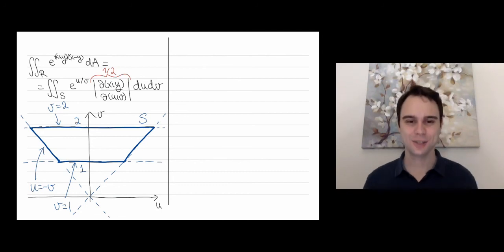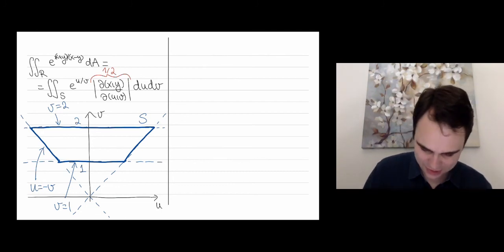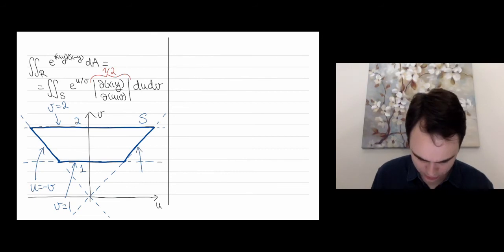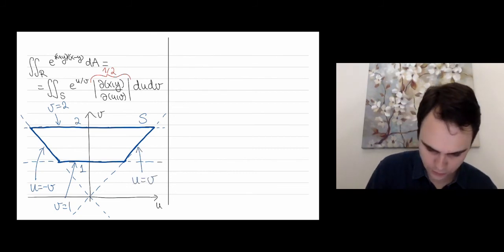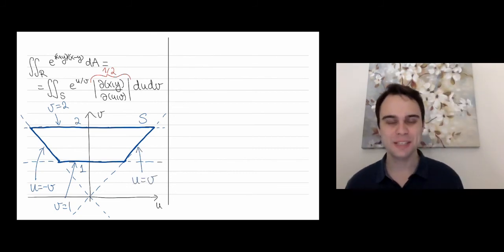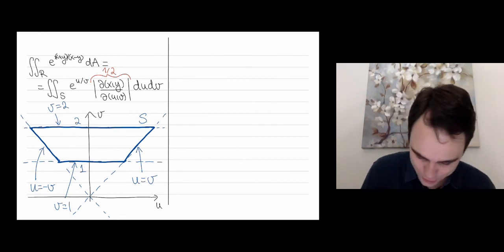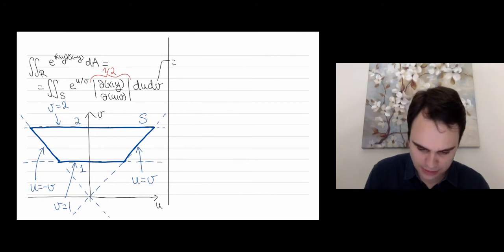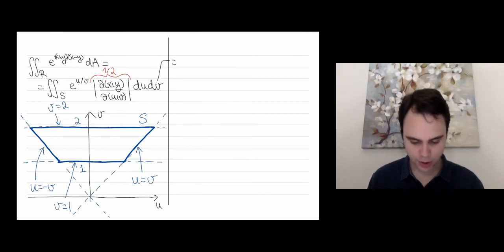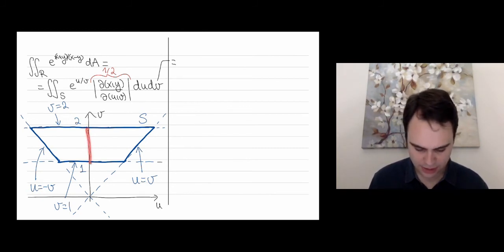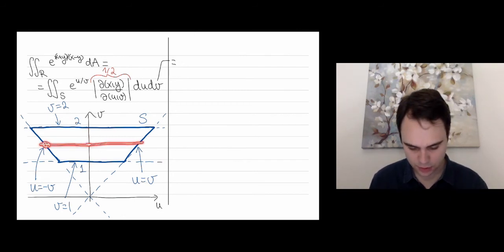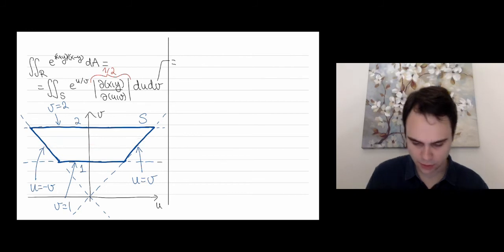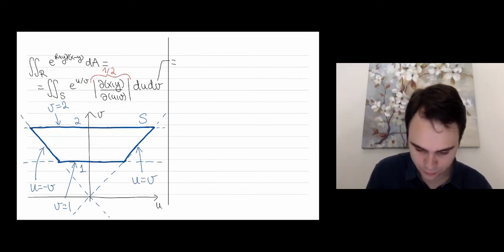Okay, so now we can write the equation here. So this is u equals v. Now we're in business. We can do this calculation. Here's how we can set up the double integral. I'm going to set it up with v outside, and then for an intermediate value of v, I want to go from here to here. So u inside, v outside. So the order will be du dv, which is also the order I already wrote there.